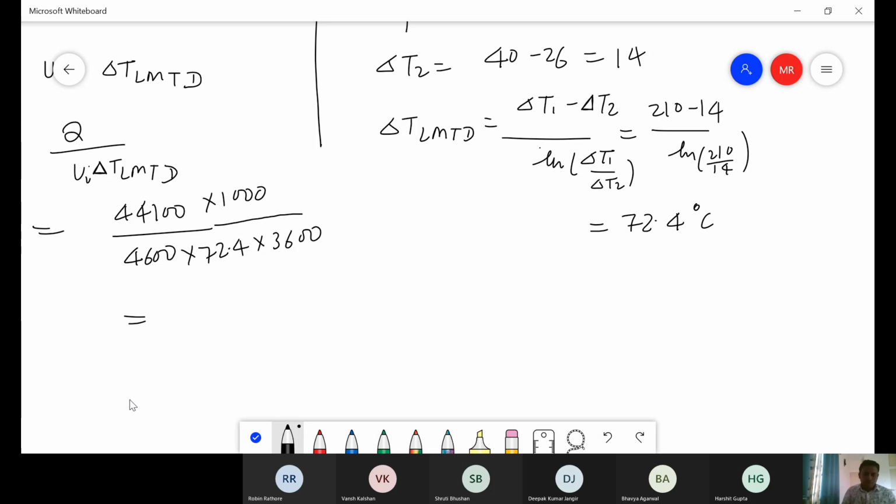Okay, so 44100 into 1000 divided by 4600 into 72.4 into 3600.